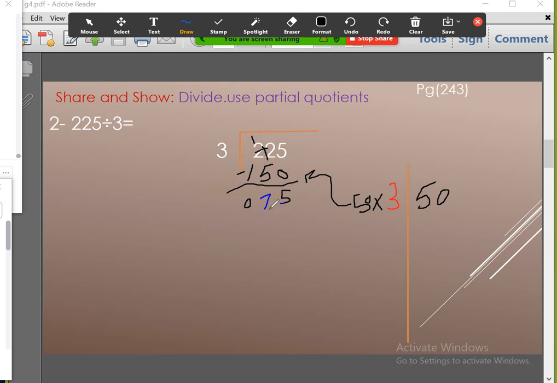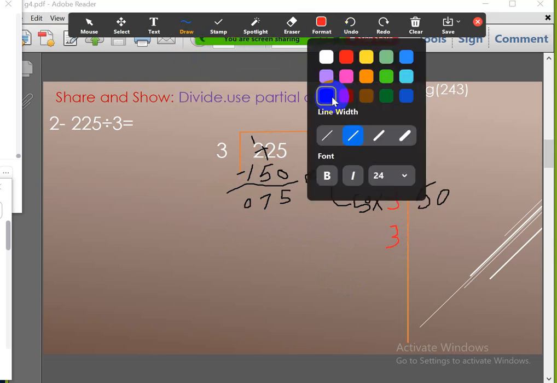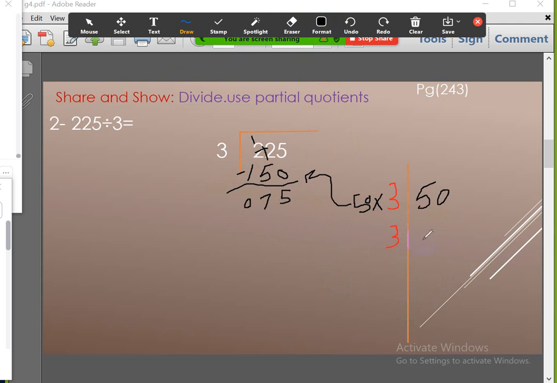75 divided by 3. I have to choose a number, and I will take the divisor, 3, and multiply this number with the divisor. Let us choose 20 and multiply 3 with 20. You have to choose a number that will give you a multiple less than 75.